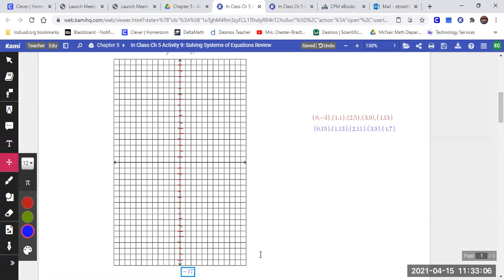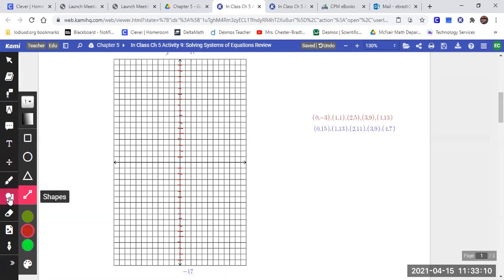Okay, so now we have to look at the x's. What's the biggest x that we have to work with? 4. What's the smallest x we have to work with? 0. Okay, how many lines do we have that we can work with?